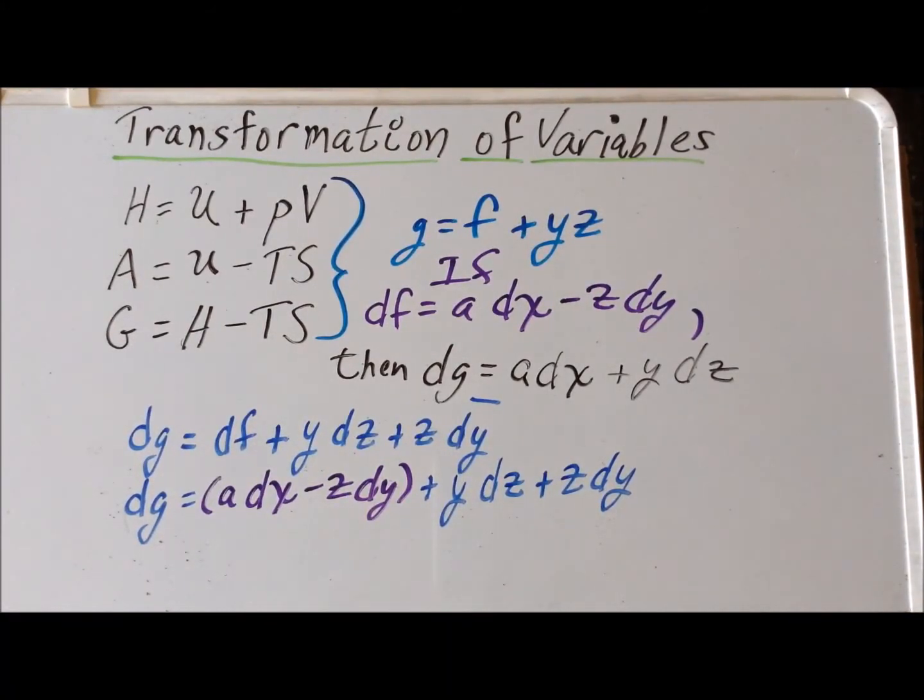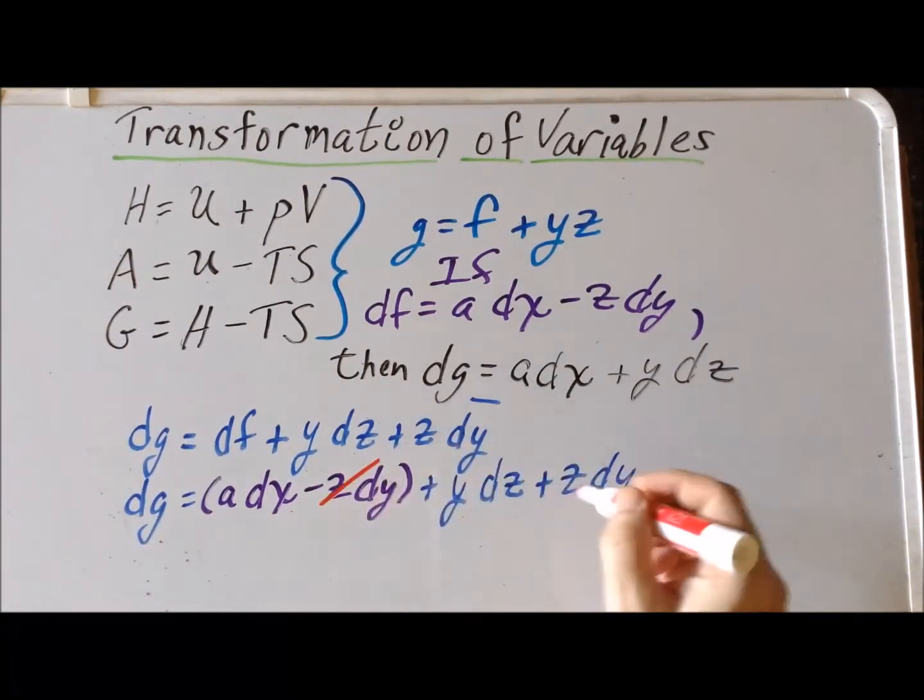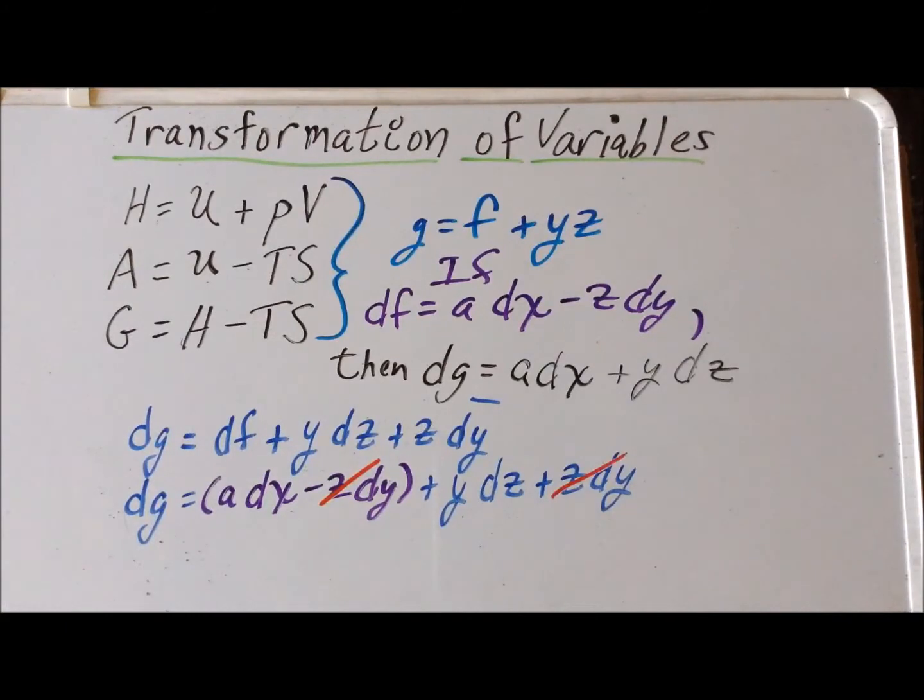Now we notice that minus z dy and plus z dy will cancel each other, and we're left with dg equal to a dx plus y dz.